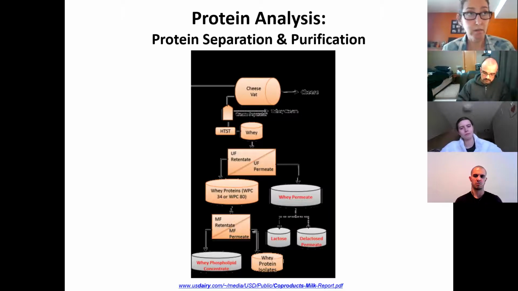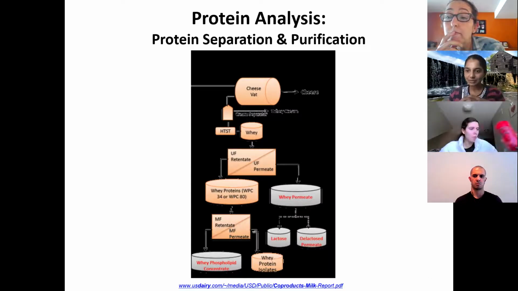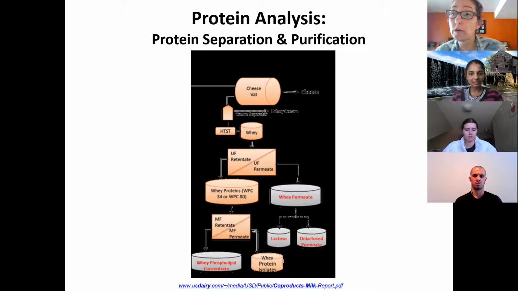Any questions here? What happens to glycoproteins, like proteins that have lactose molecules on them, when you do ultrafiltration? Are they mostly in the retentate? The way you get glycoproteins with lactose, there must have been some heat treatment that might have resulted in a Maillard reaction, right?